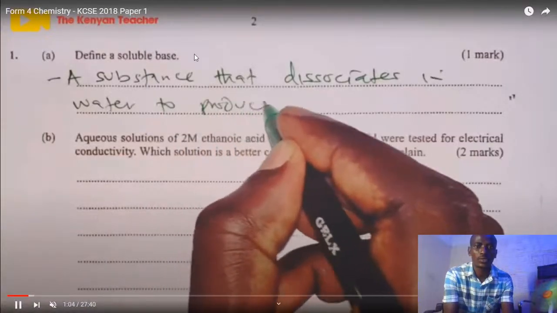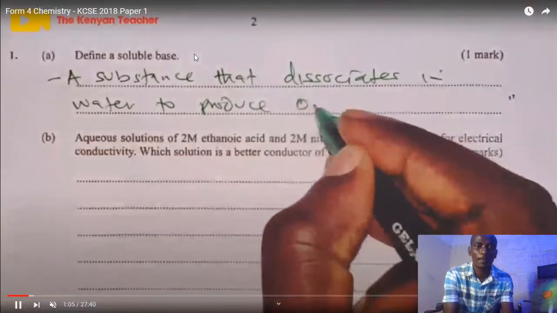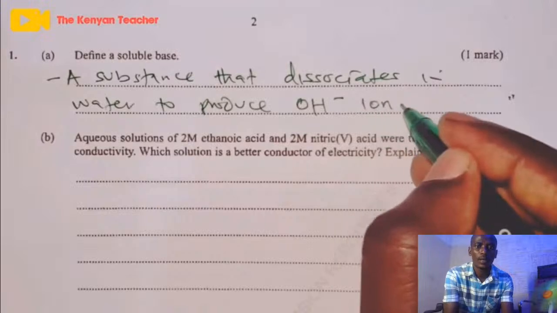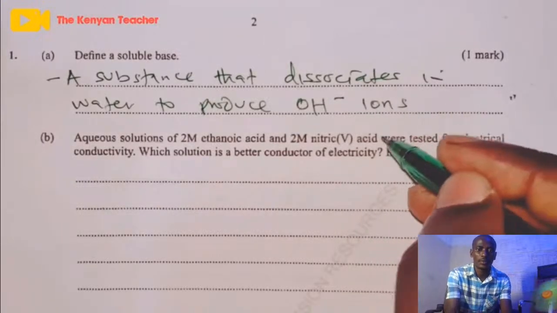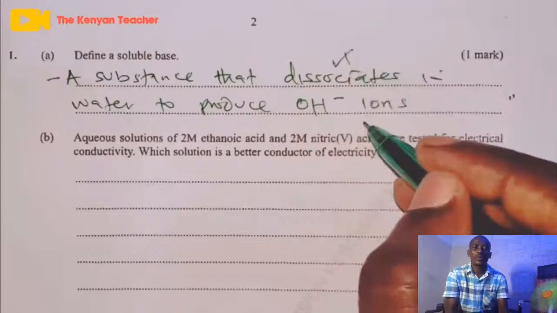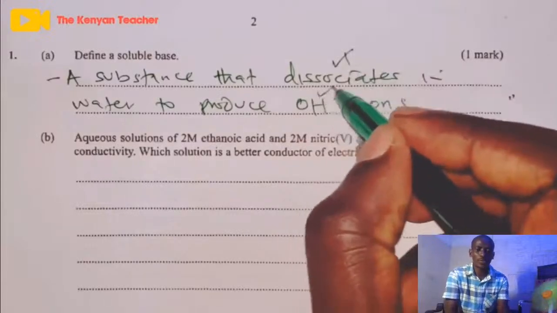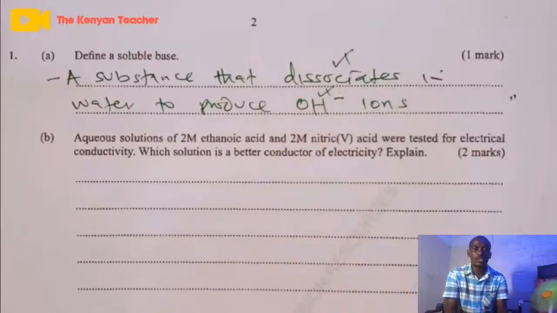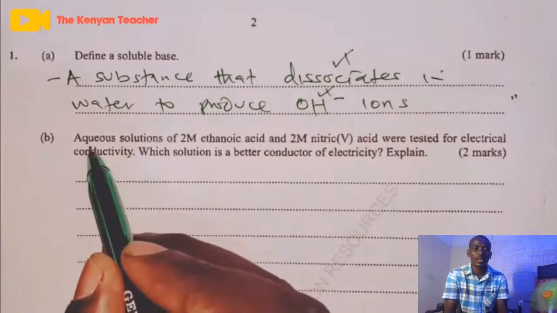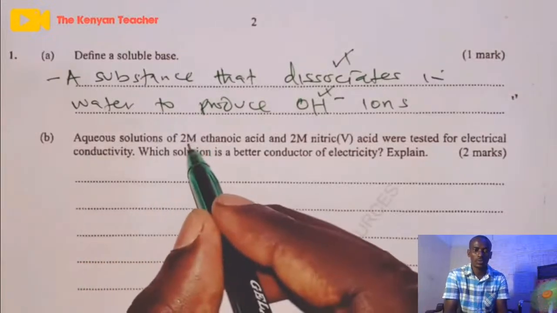The substance dissolves in water to produce ions. Now listen to me: if you dissolve a given substance in water, it dissolves completely, and when it dissolves completely in water, it gives some ions.